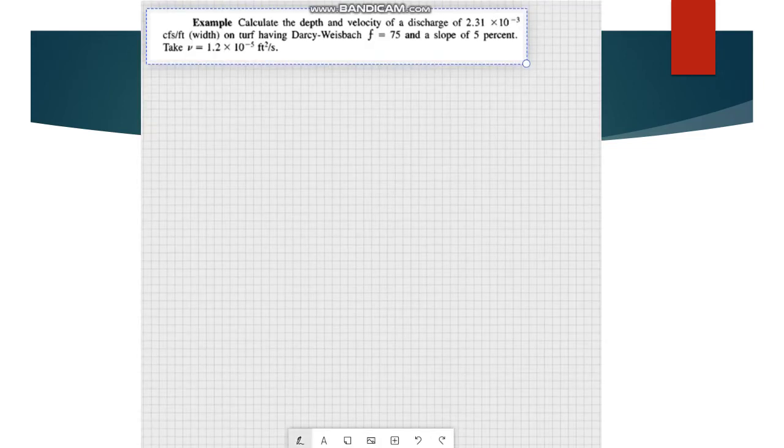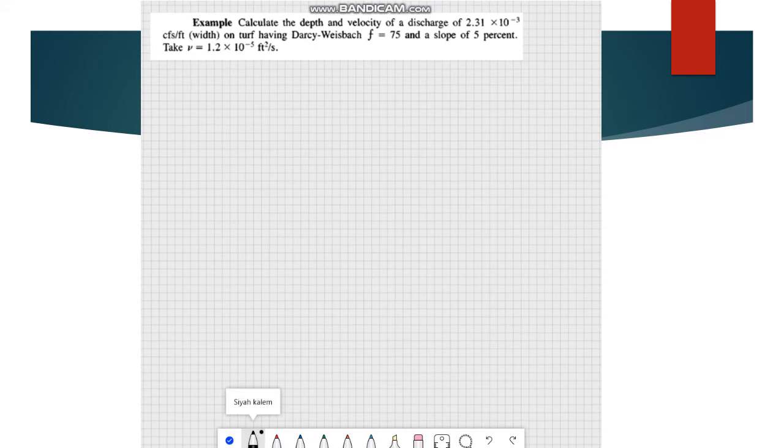In this question, first of all, we need to check if this flow is laminar or not. The Reynolds number, as you remember, is 4Q0 over the kinematic viscosity.